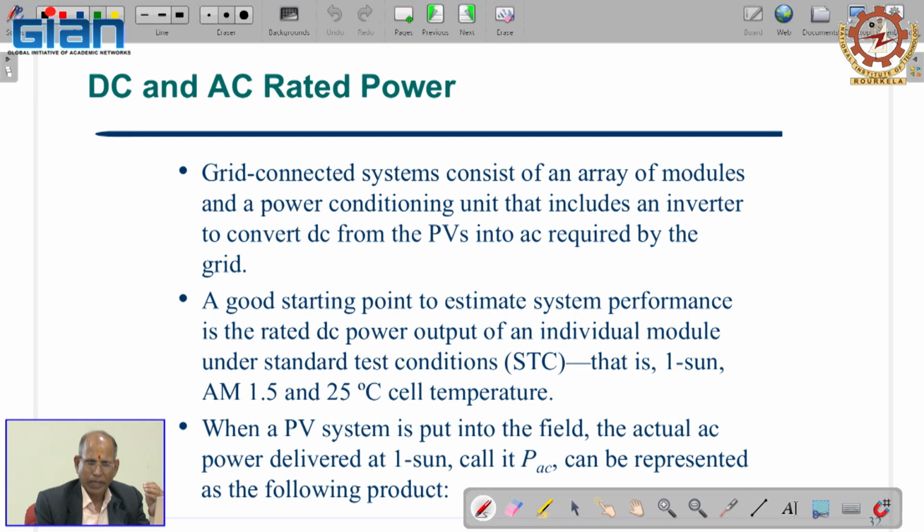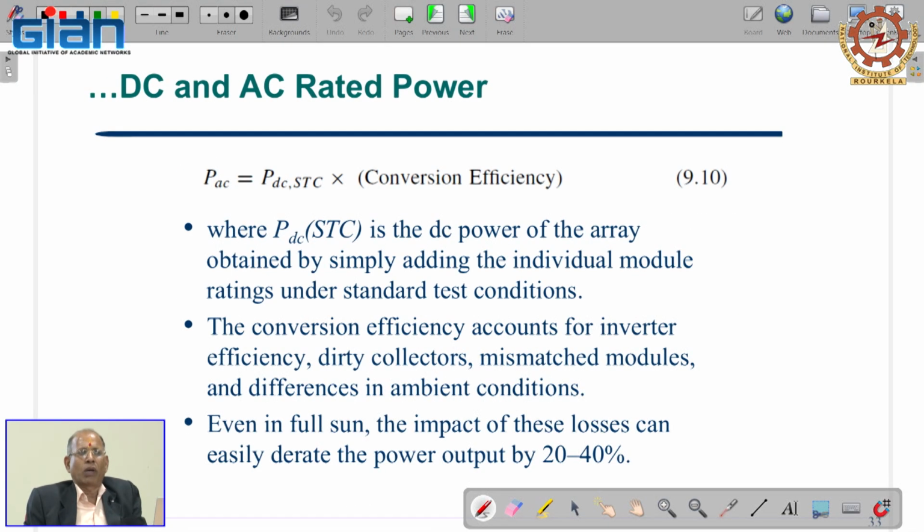So when a PV system is placed in field conditions, it may deviate from the standard condition. If the temperature is high, the power output from the PV system will drop, as we have seen. So in that case, we have to see how much power we are going to produce.